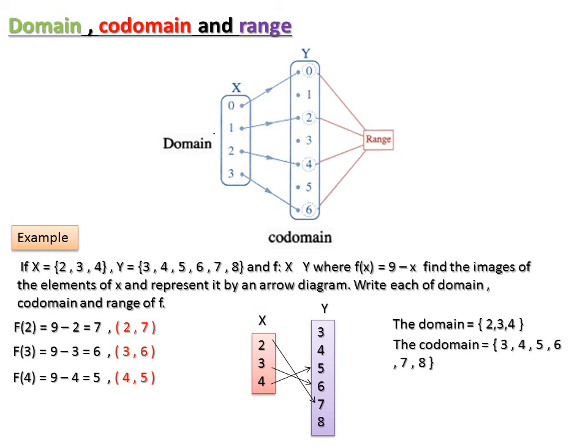The codomain is all the elements of y: 3, 4, 5, 6, 7 and 8. Finally, the range. The range is the images of the domain, 5, 6 and 7, a subset of y. So the range equals {5, 6, 7}.